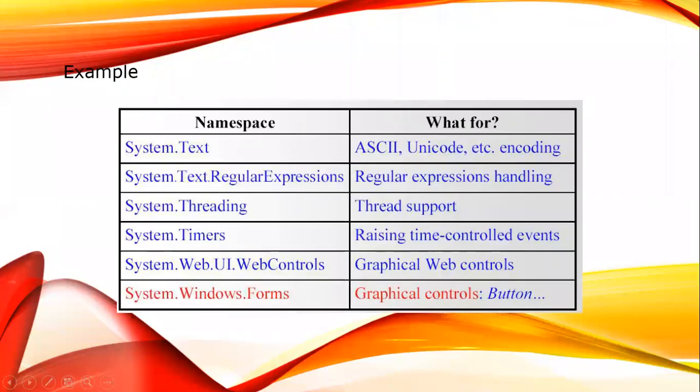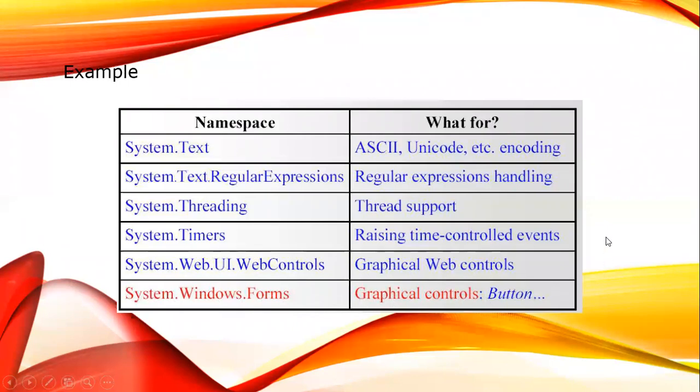An example is there. Suppose I am using system.text namespace. It is used for ASCII, Unicode, etc. encoding. What do you mean by ASCII? American Standard Code for Information Interchange. Then we have system.text.regular expression, handling system threading, thread support, system timers, raising time control events. Then we have web.ui.web controls, graphical web controls, system.windows form, graphical controls using buttons.